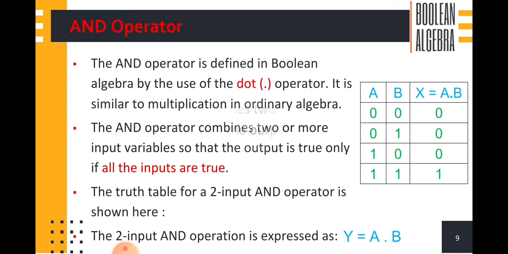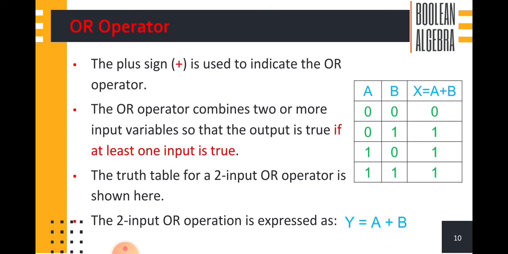And then next we see the OR operator. What symbol is used for the OR operator? The plus sign. So the plus sign is used to indicate the OR operator. The OR operator combines two or more input variables. Here also the minimum number of inputs required is 2, and we can also use more input variables.